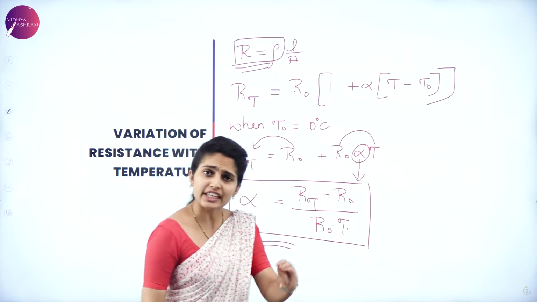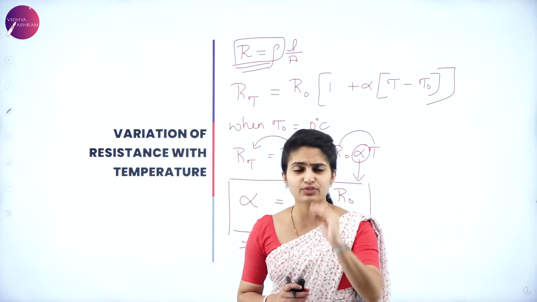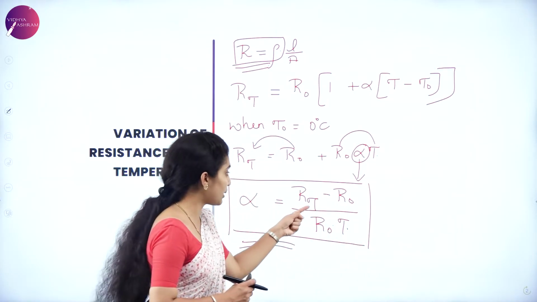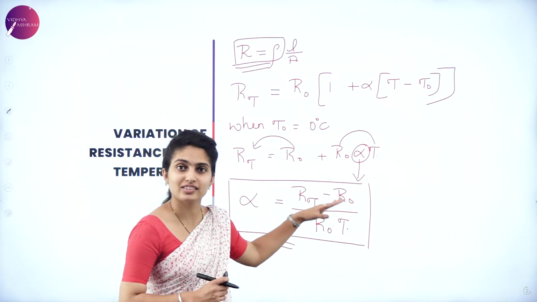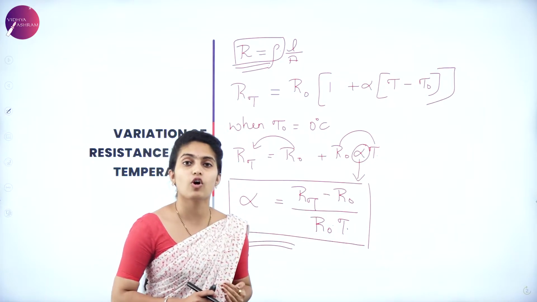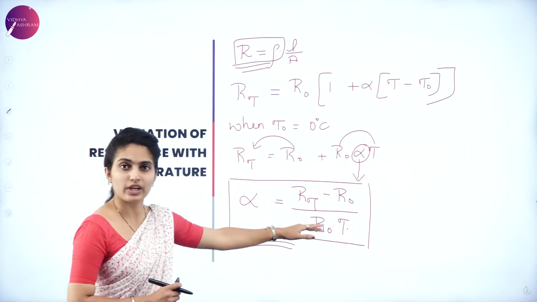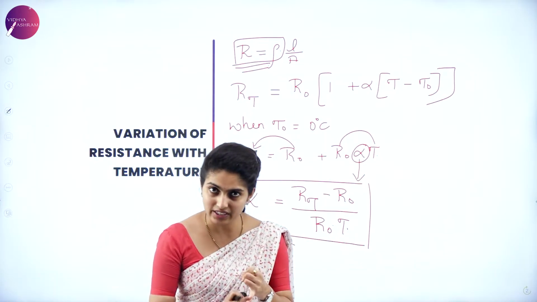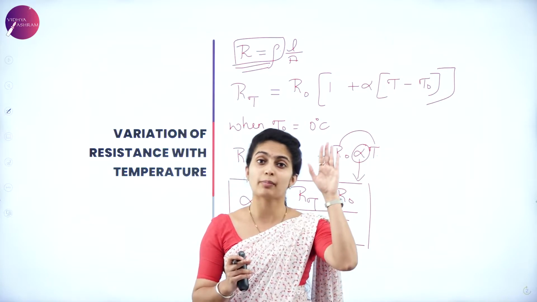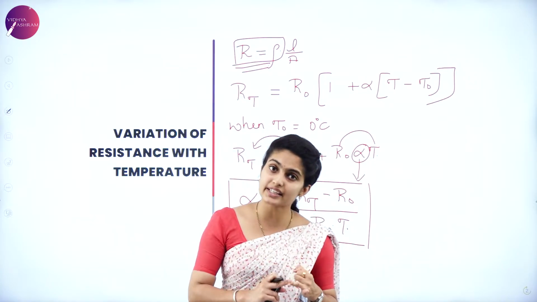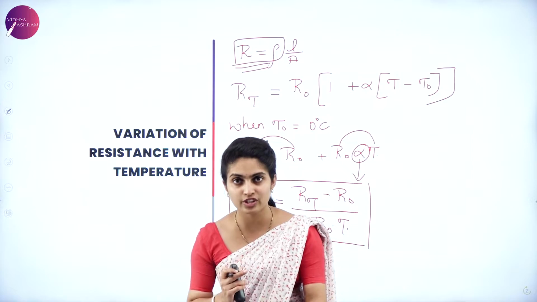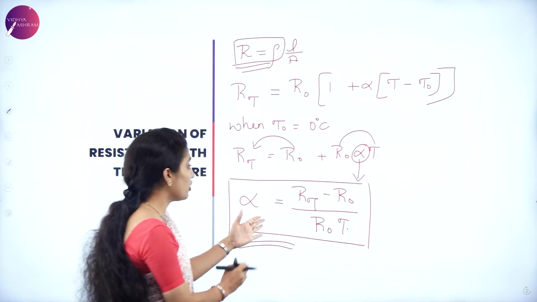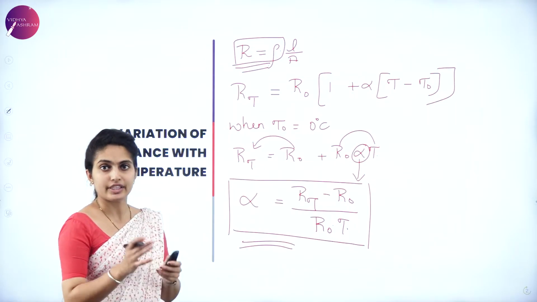That is, when the temperature is increased from the original temperature to some higher temperature, the resistance also increases from the original resistance to a higher value. That is all about the coefficient of resistivity concept.